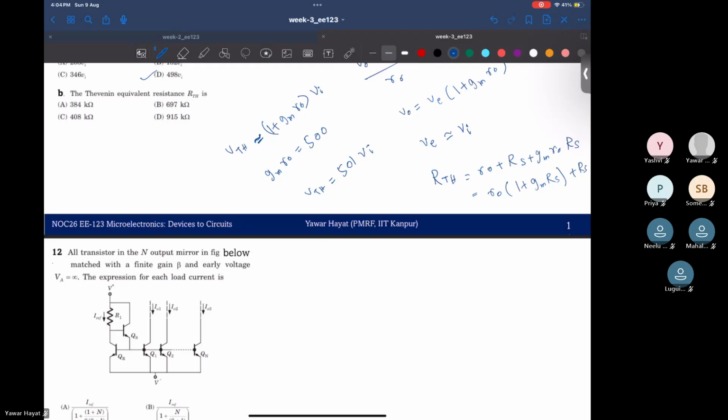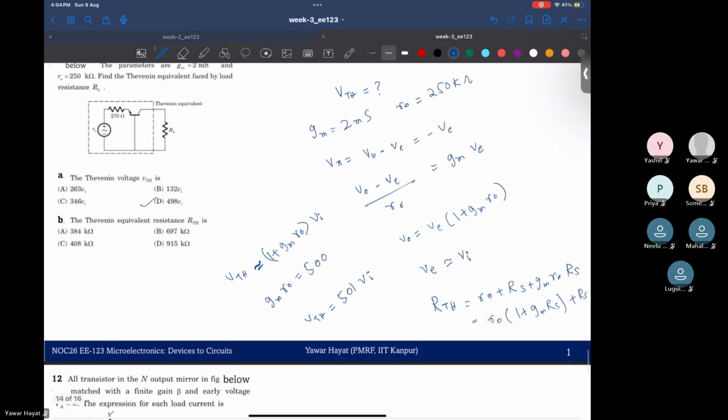right? And GM RS is how much? GM RS is 0.54, correct? Yeah, GM RS would be 0.54.